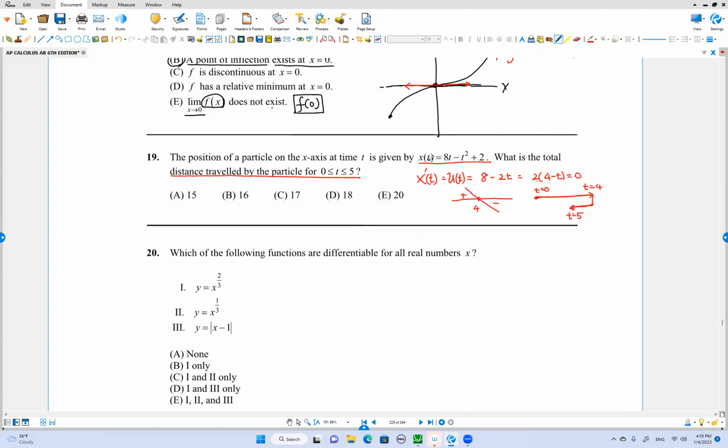When t is 4, we can find the position. When t equals 0, we can find the position. So the travel distance to the right equals x(4) minus x(0). When t is 4, 8 times 4 is 32, minus 4 squared is 16, plus 2, which is 34 minus 16, that is 18. And x(0) is 2, so 18 minus 2 is 16, right? They travel to the right by 16.